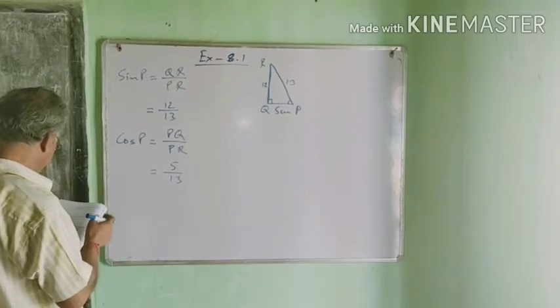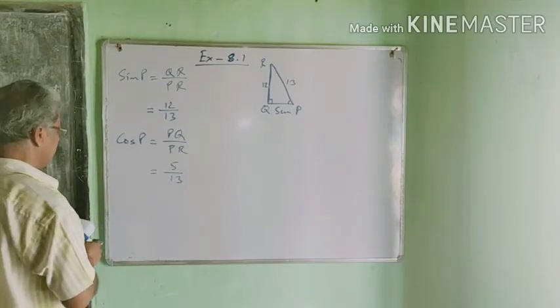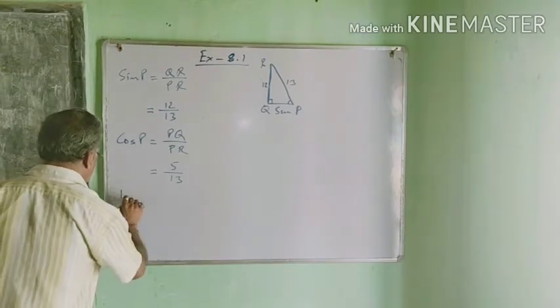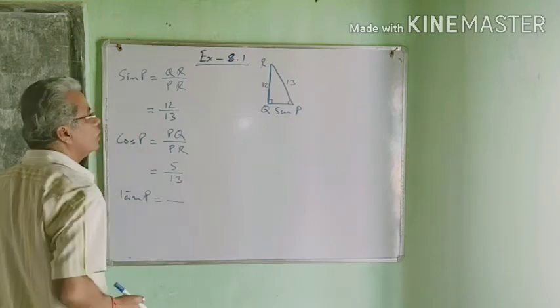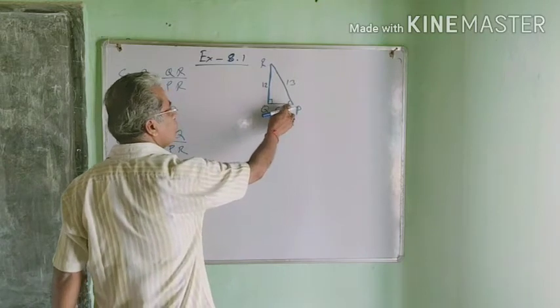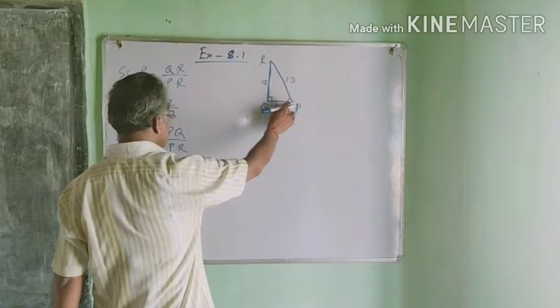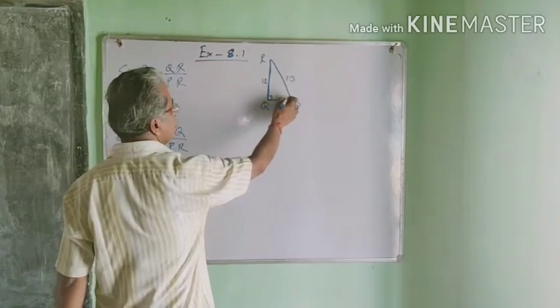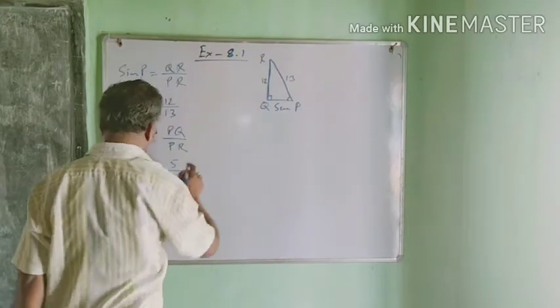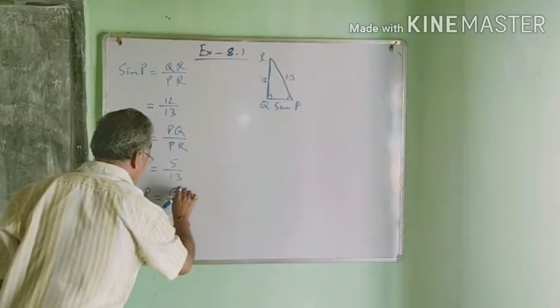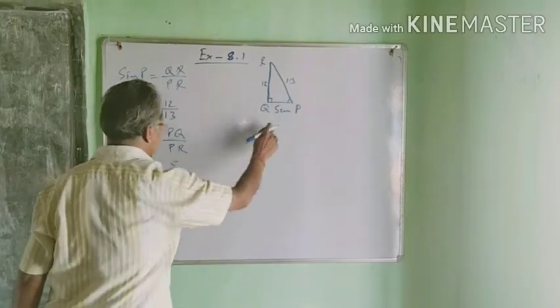And the next one is tan P. Tan is perpendicular is to base. With respect to angle P, QR is perpendicular and base is PQ.